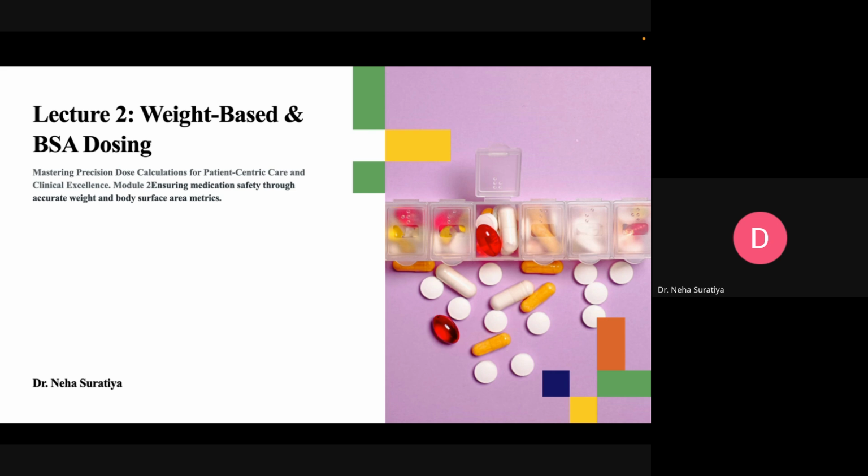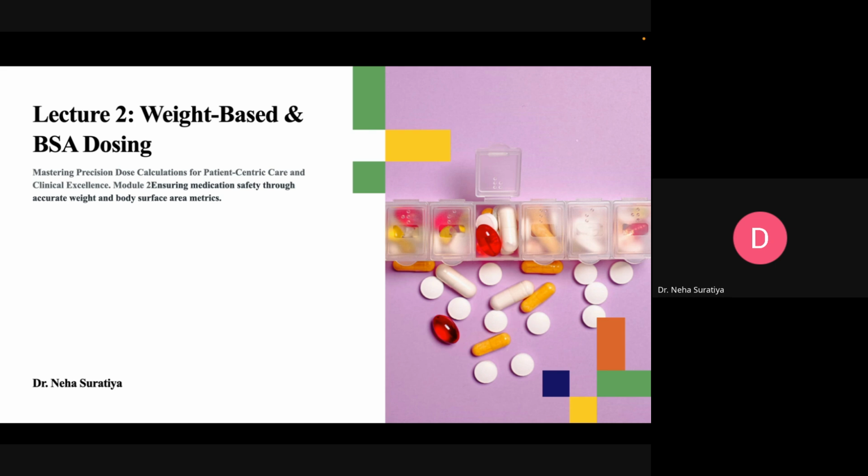Two of the most important parameters are body weight and body surface area, BSA. First, you need to understand the basic difference between them.